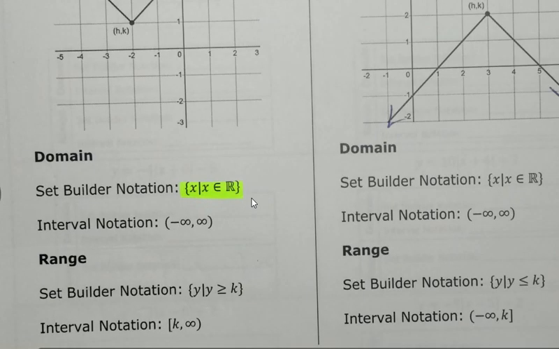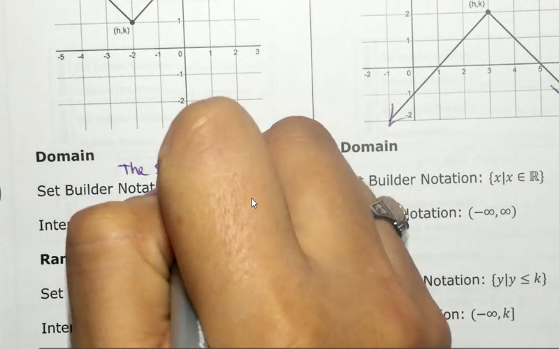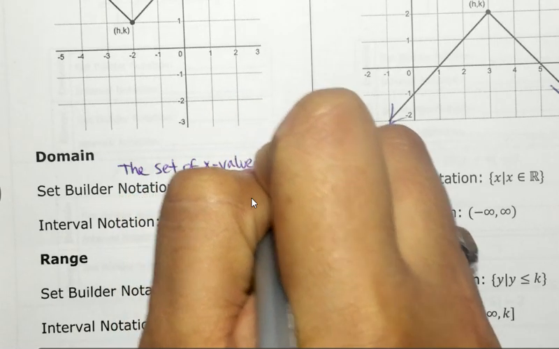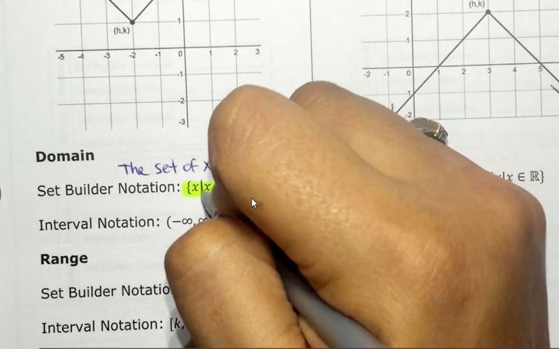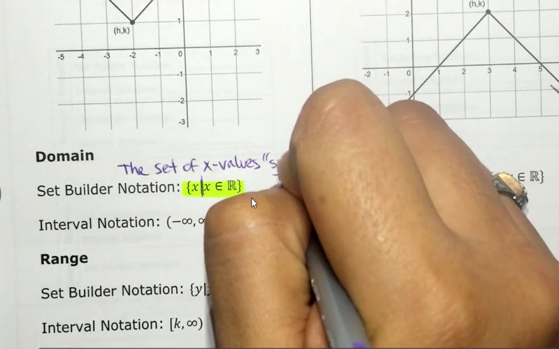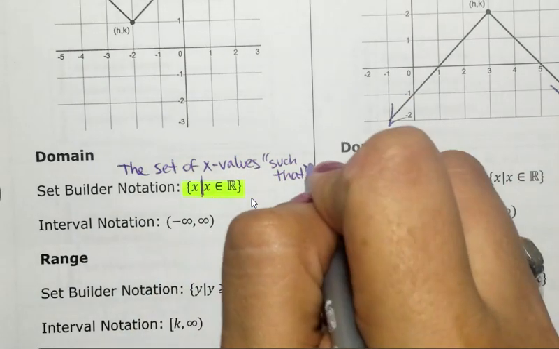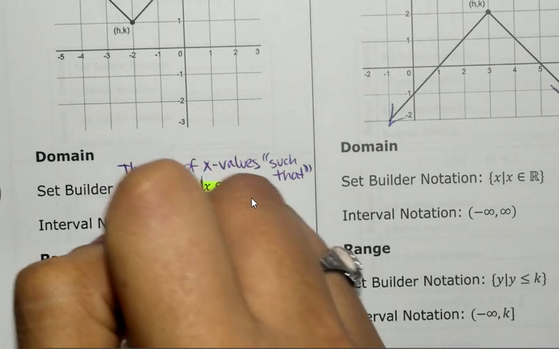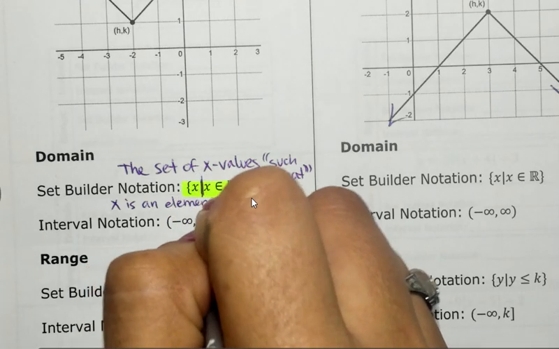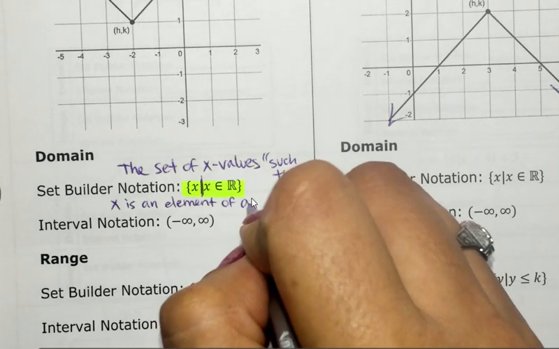All of that means the set of x values, and then this line right here means such that, and then this part over here, we can say x is an element, the E stands for element, of, and then the R like that stands for all real numbers.